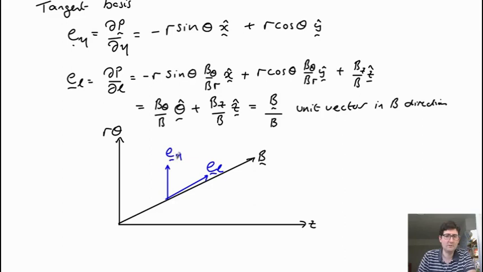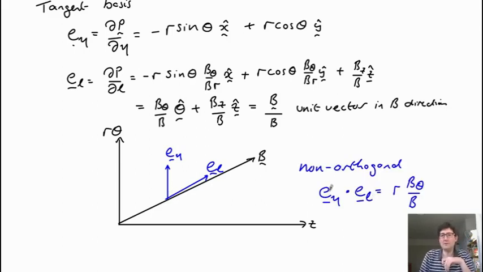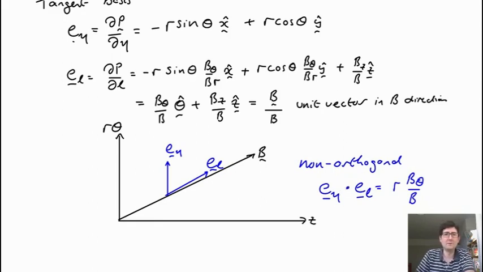E eta is like that. So you see these are now non-orthogonal, because the L unit vector, or L tangent vector, and eta tangent vector are not at right angles. And so when you take the dot product of these two, you get a non-zero result, because these two are not at right angles. What about the reciprocal basis?